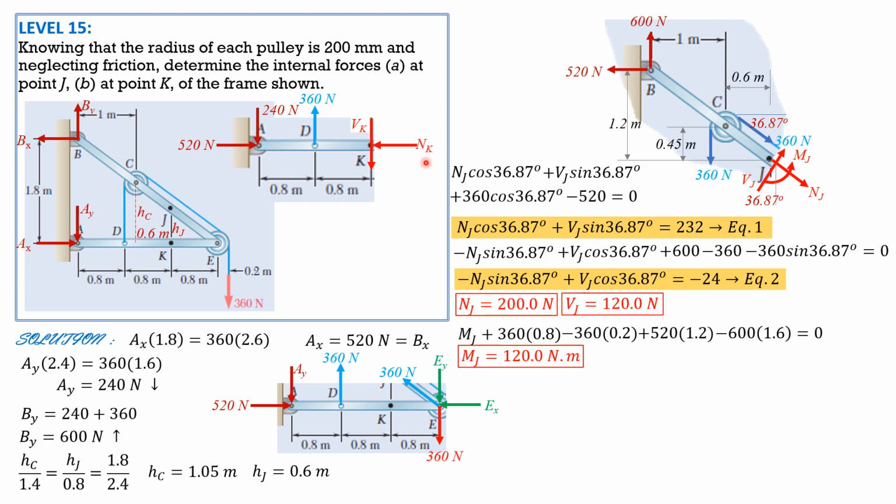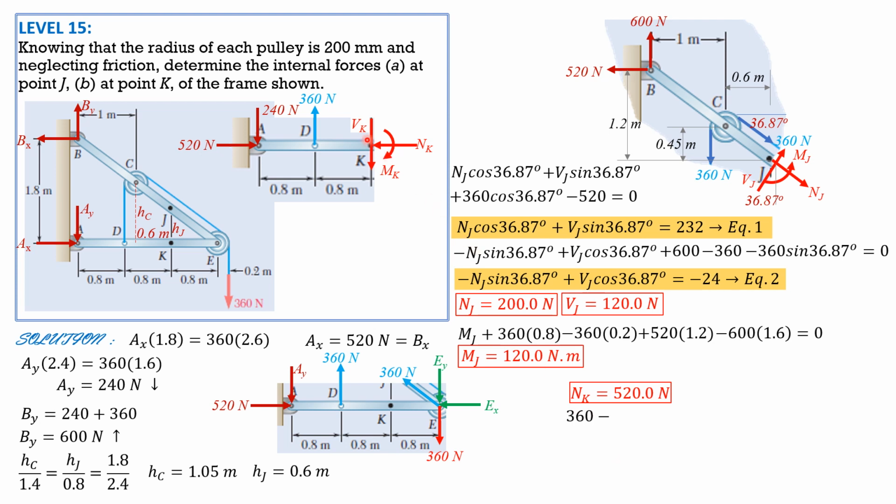So summation of forces horizontal, NK is obviously 520. Then summation of forces vertical, 360 minus 240 minus VK equals 0. So the shear at K is 120 newtons.